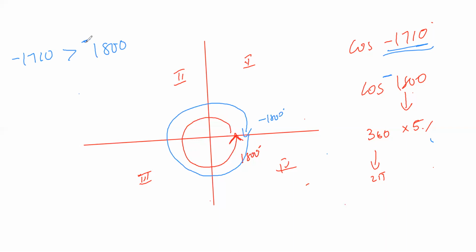So it is greater than minus 1800 by how many degrees? By 90 degrees. Correct? So our 1710 should come here in the first quadrant, 90 degrees. That's how we get here the cos 90.